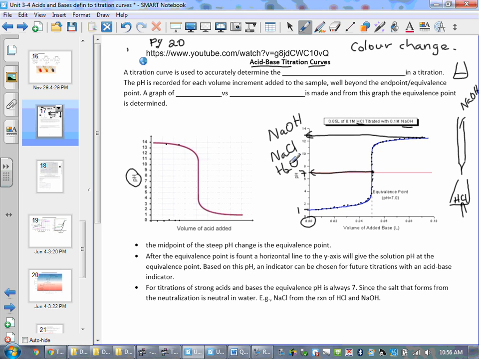We've got a basic solution in here now. Does that part make sense? Take your silence as an affirmative. So the middle point of our spike here is called our equivalence point.